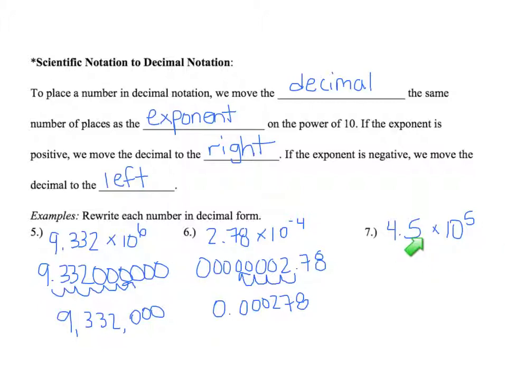So I need some ending zeros here, so I have plenty of room to move my decimal, plenty of placeholders. And so I'm going to move it to the right 5 places. 1, 2, 3, 4, 5. So I'll have 4, 5, and 4 zeros. So I get 450,000.